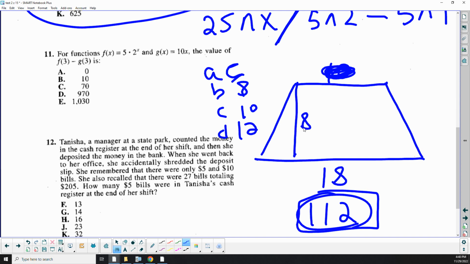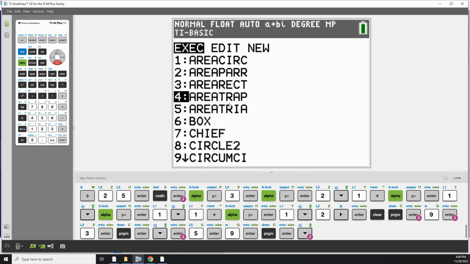On the answer key, you will see me say area of trapezoid backwards, meaning you know the answer, you just don't know what to plug in. And I find that very useful because the trapezoid is always appearing. Speaking of always appearing, they love area of triangle.